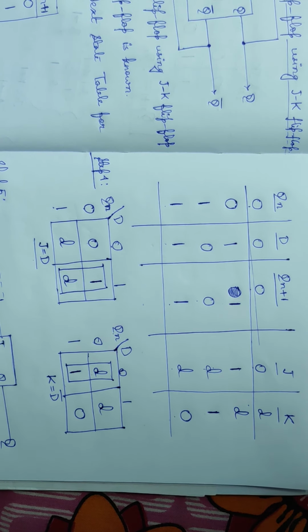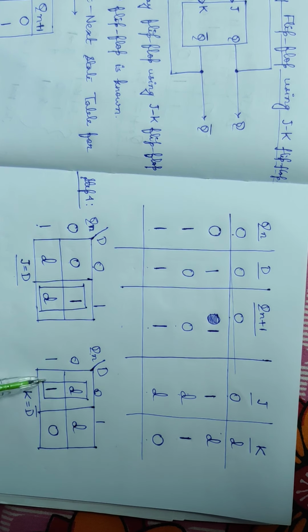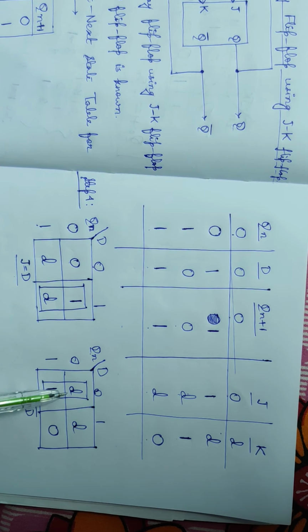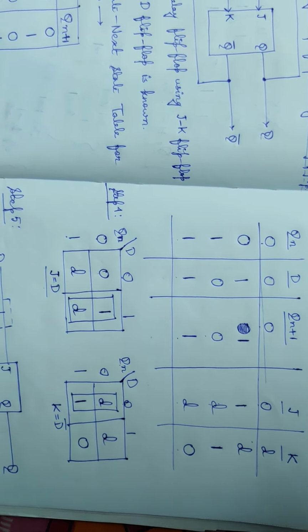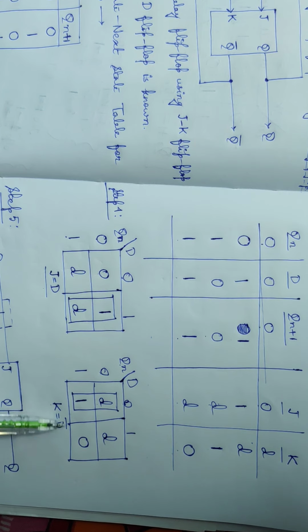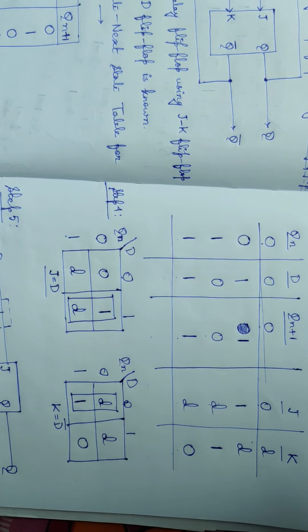Now we can form a group like this, including this D and this 1. Here the value of D is 0. So we can write K equal to D bar. Now we have the expression of J and K with us.